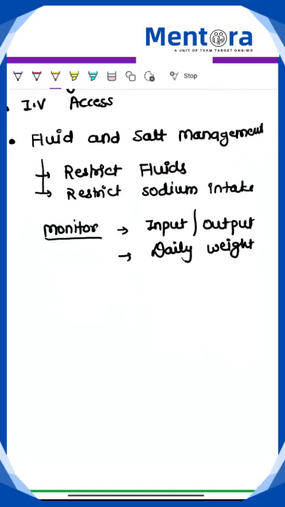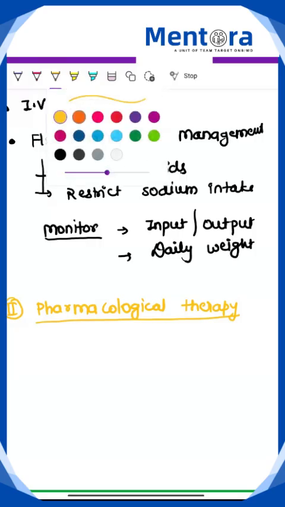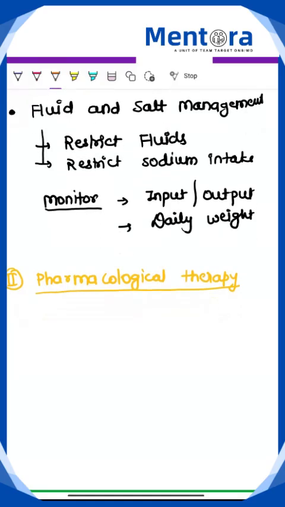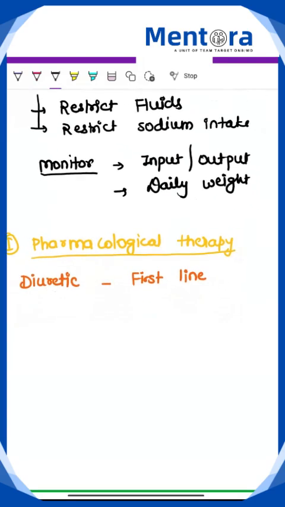Then comes, after stabilization, start the medications. Pharmacological therapy. Various medications are available to treat CHF. Most important is diuretic. It is the first line agent. Loop diuretics.